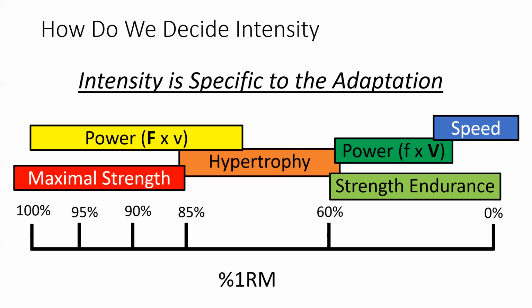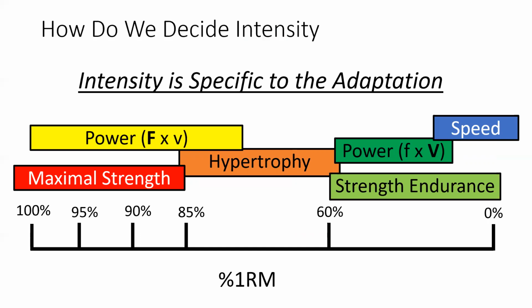Hypertrophy sweet spot is 60 to 85. The speed strength power, where it's more focused on velocity, is under 60%. Around 30% is our sweet spot there. And then maximum speed is all the way on the end: highest velocity, lowest percent RM, but our goal is to move as fast as possible.